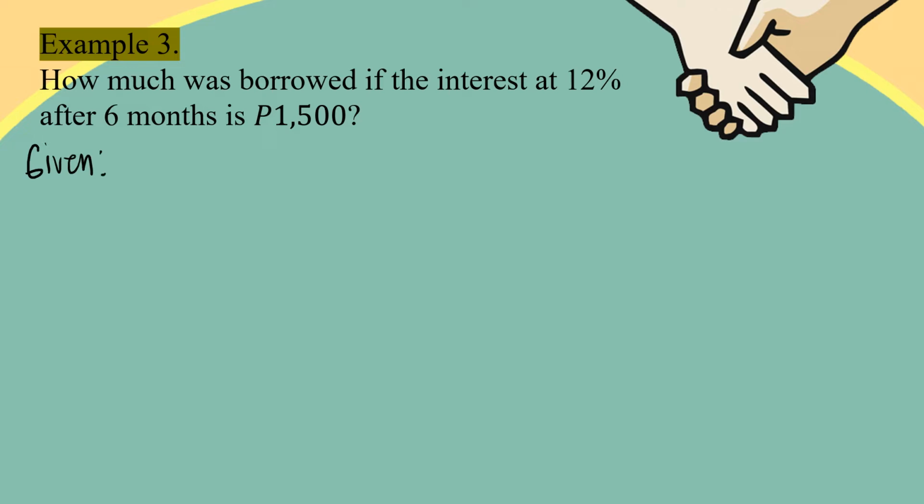So, ang given dyan is yung interest rate na 12%. Divide yan sa 100 or 0.12 na lang. Then, yung time ay 6 months. So, si 6 months, di-divide natin sa 12. 6 divided by 12 is 0.5.